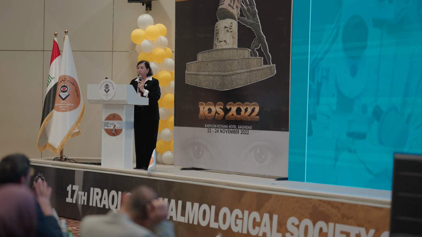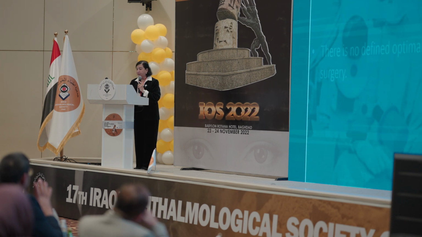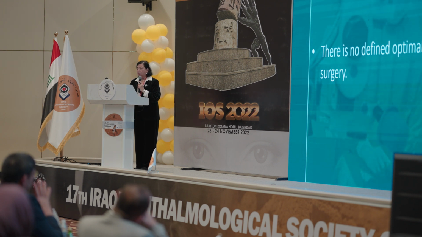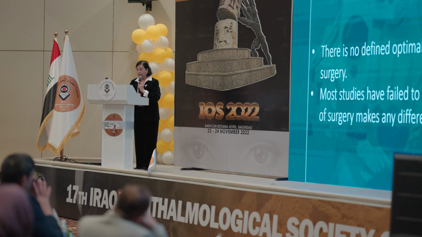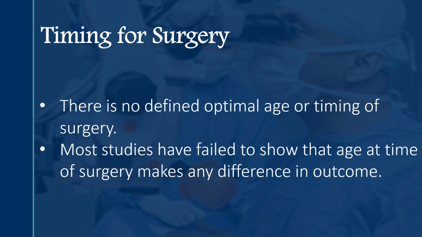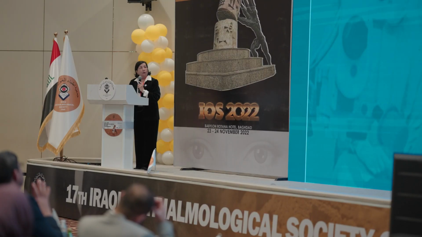All of us will sometimes ask ourselves, what is the timing of surgery? There is no defined optimum age or timing for surgery. Most studies have failed to show that age at the time of surgery makes any difference in the outcome. What are the indications for surgery?